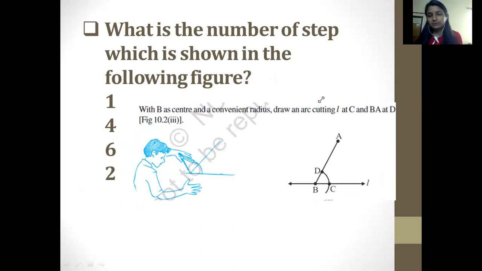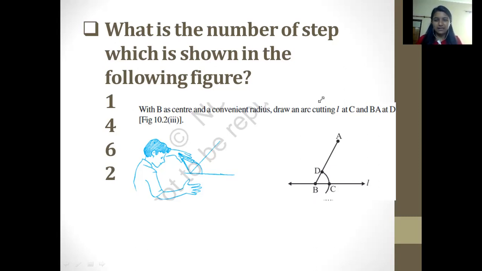Like in the first step, we draw a line with a ruler. Then we open our compass. What do you think, which step is this? When we keep the metal arm of our compass on B and construct it, dividing the line with the points C and D, which step is it?